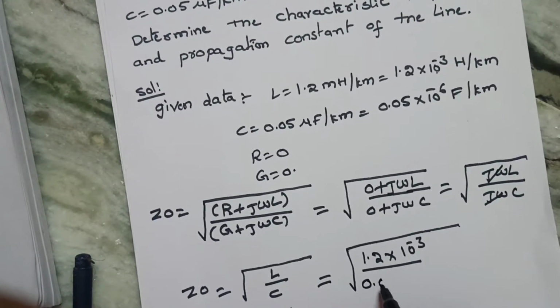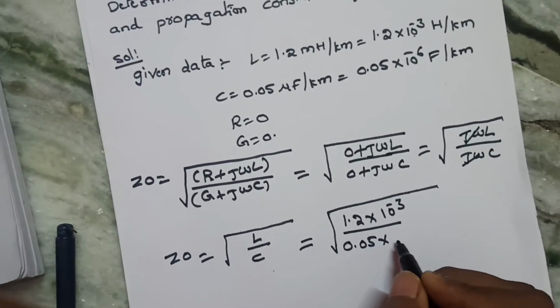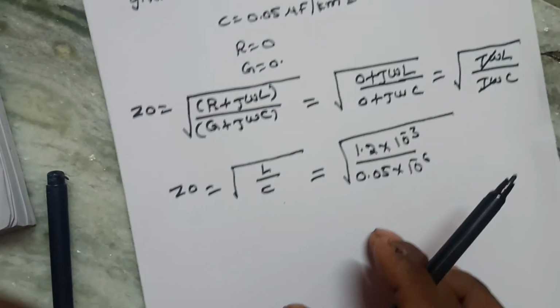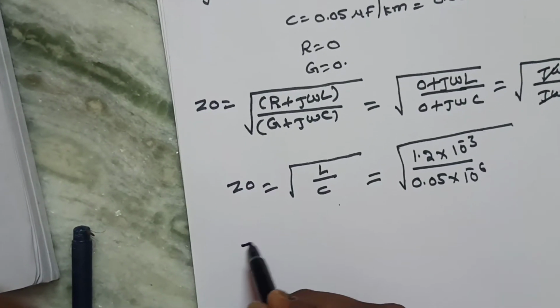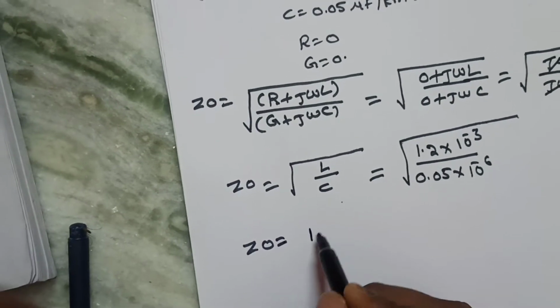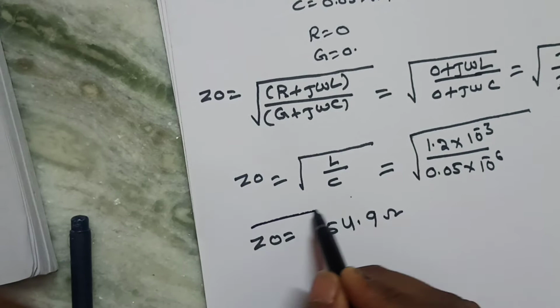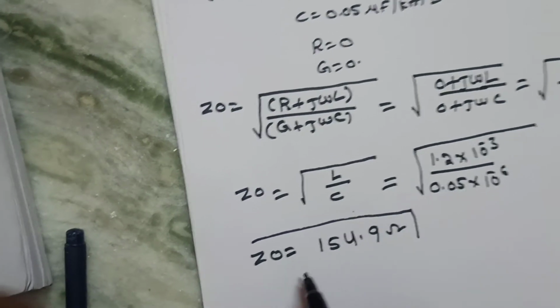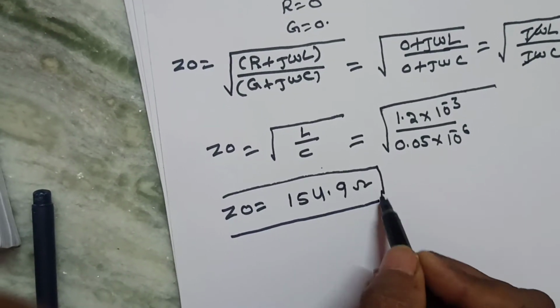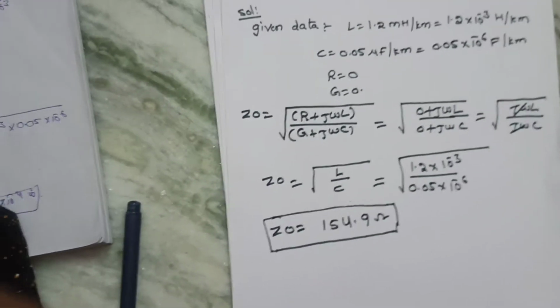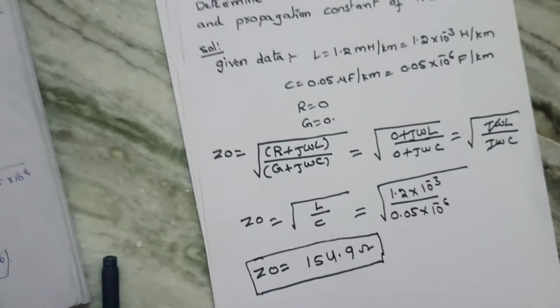After calculating this value, Z0 is equal to 154.9 ohms. For the characteristic impedance, units are ohms.